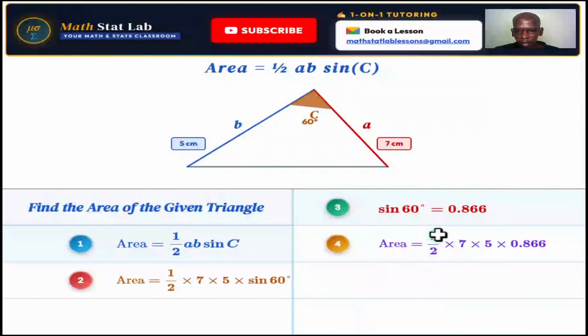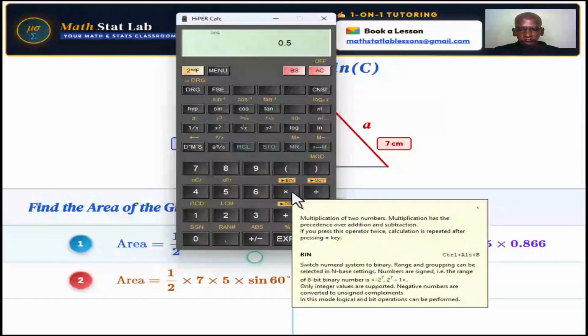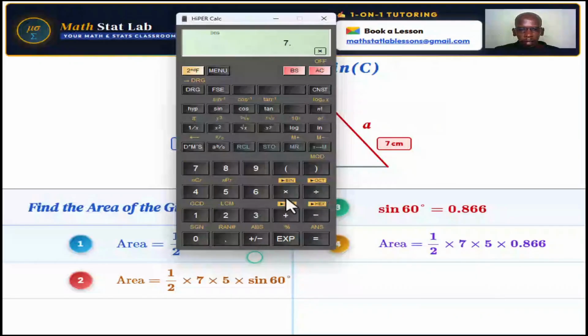So half is just the same as 0.5. So that one has no problem. We can just say 0.5. Then we multiply it by 7. Then again, we multiply by 5, which is from B. And then again, we multiply by 0.866.